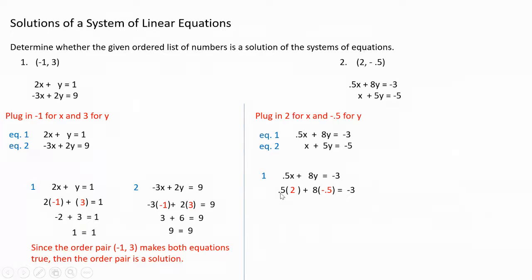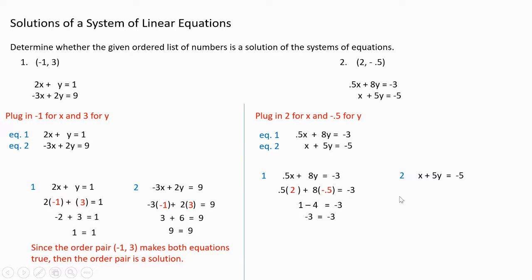So if I multiply -0.5 times 2, it's going to give us -1, and 8 times -0.5 is going to give us -4. So then 1 minus 4 gives us -3. So -3 equals -3. So this point is a solution for equation number 1.